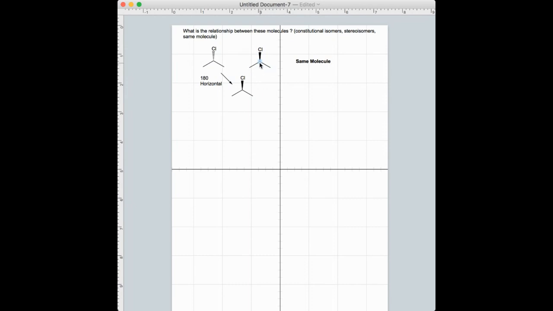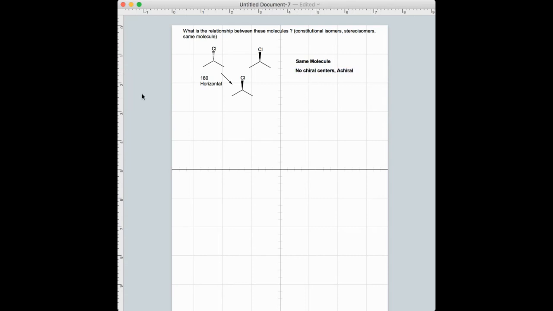And this carbon is bonded to chlorine, a hydrogen that is going on the back, which we don't need to draw, and then CH3 and CH3, 2 groups that are the same. Therefore this molecule has no chiral center, and because it has no chiral center, the molecule will be achiral.